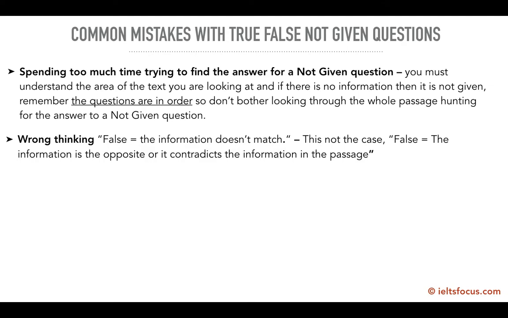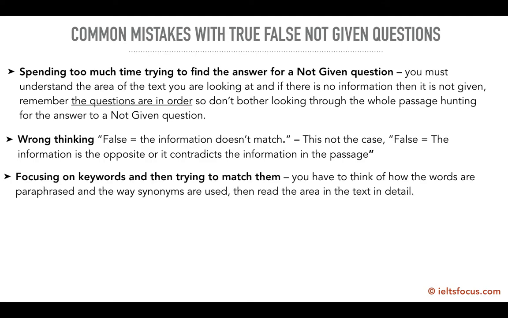Then there's wrong thinking. Some people think that false means that the information doesn't match. But in fact, false means that the information is opposite or it contradicts the information in the passage. Another mistake is focusing on keywords and then just trying to match them directly.